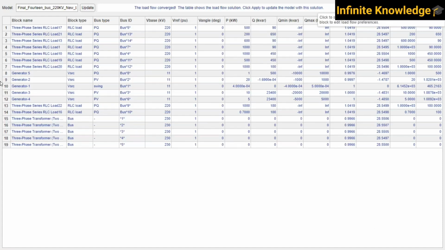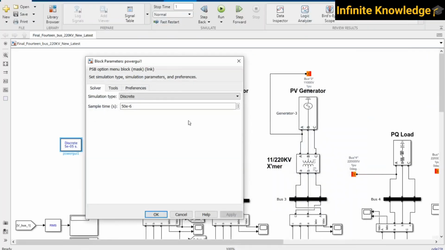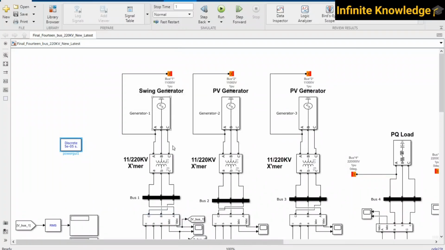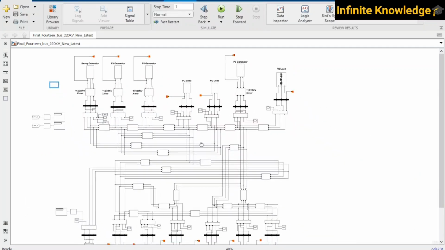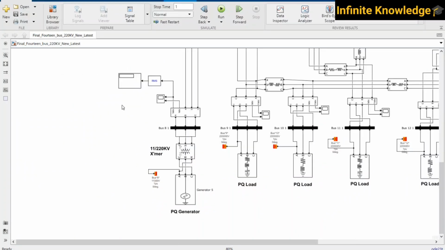The simulation has completed, and the reactive power fed by generator 1, the swing generator, was initially 400 and has increased to 465. So this is how the system works, providing reactive power to the system and taking the extra reactive power from the system. I can say our simulation is working very clearly.